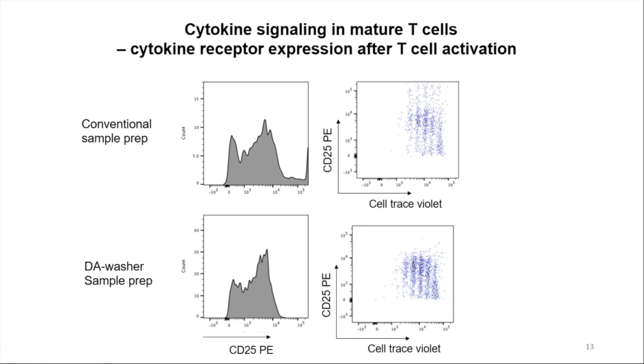Thank you. Another question: how was transferring the assay from a conventional plate to the DA plate? How long did it take? And what did you have to change, if anything, before you saw comparable data on a DA plate?